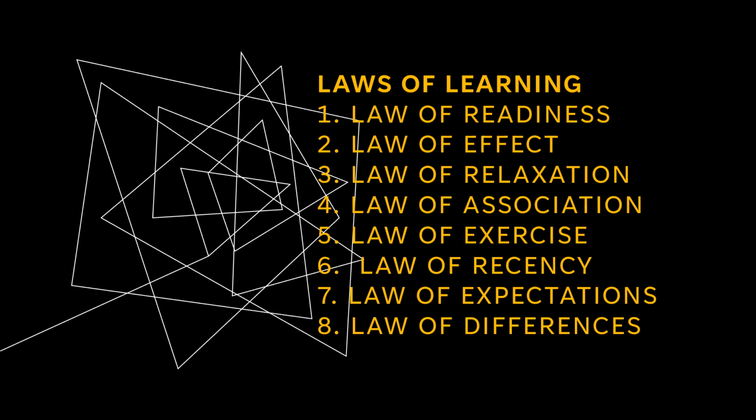Thorndike studied learning in animals. Usually, he made use of cats. He devised a classic experiment in which he used a puzzle box to empirically test the laws of learning. He placed a cat in the puzzle box, which was encouraged to escape to reach a scrap of fish placed outside.